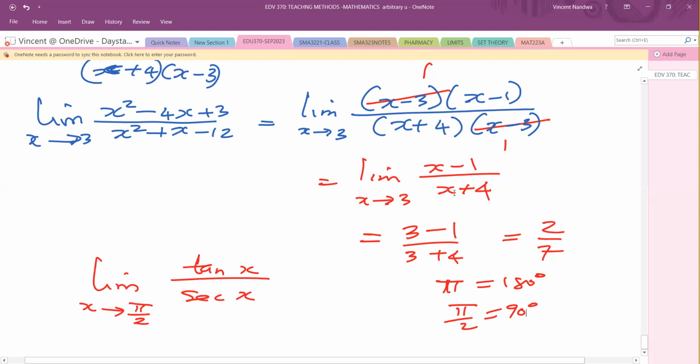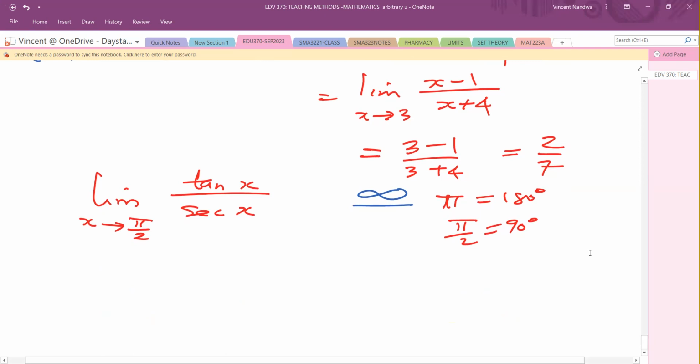Math error, so that is infinity, is not defined. Ukichora hiyo graph ya tan at 90 ni asymptote. So hiyo ni infinity. Na sec 90, sec inamaanisha 1 over, I hope you are told this, other trigonometric ratios.